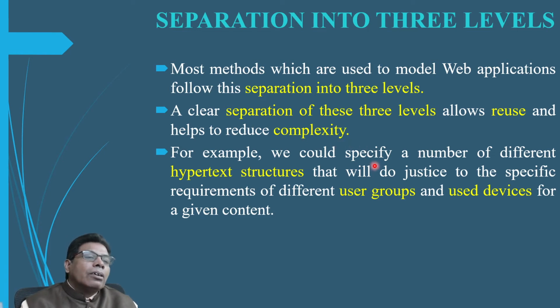So here, as you know that the web application will be used on different devices. So as per that, the hypertext structure should give justice to that. And user groups. So user groups, they may be different. So as per that, we have to give these requirements.